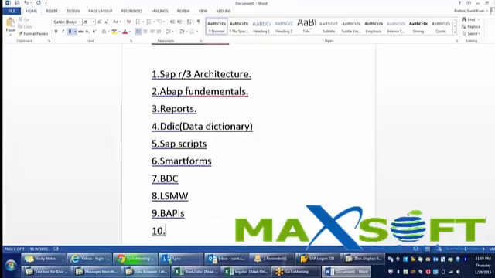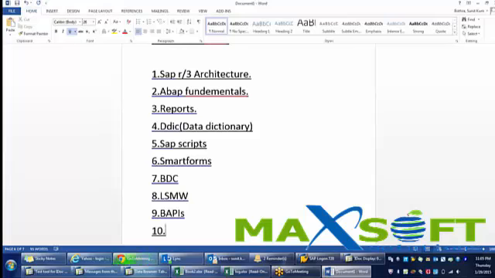Then we have the enhancement part, where we'll be enhancing existing applications. Normally we cannot change existing applications, meaning the standard code given by SAP, in general, right? So we have certain techniques which can be used to change these applications or codes.